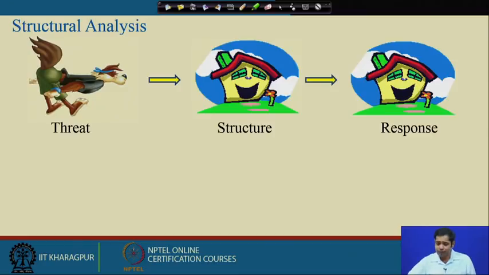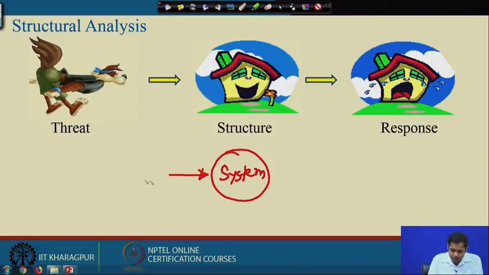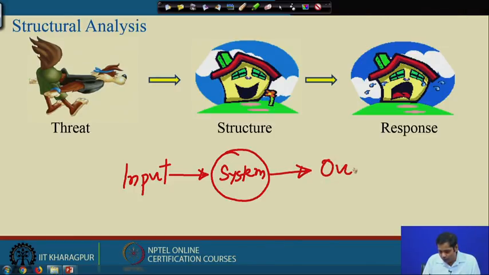We have a system, any system, and there is some input, and we want to understand what would be the corresponding output. Here the system is structures, the input is threat, and the output is the response of the structure.